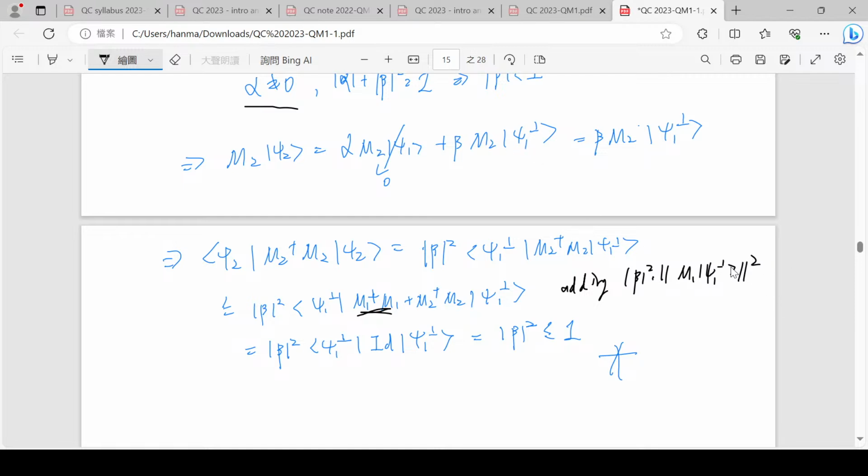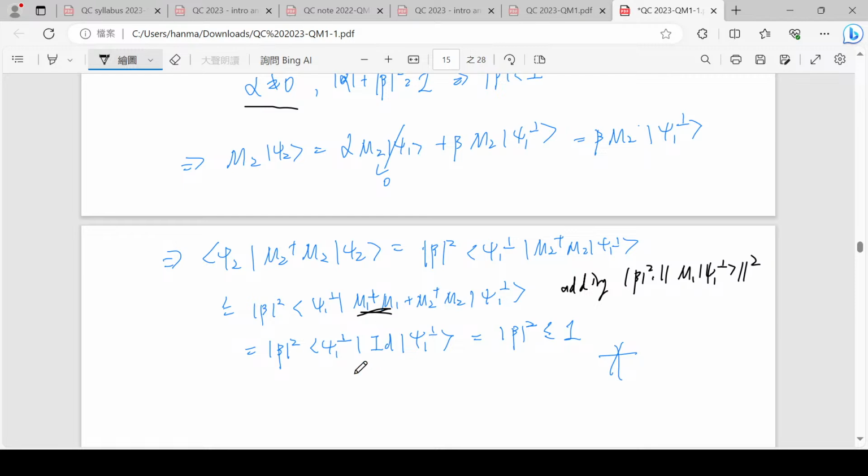This can be 0 if beta is 0, but anyway, this is a semi-positive number. And so you add a semi-positive number, so this expression is greater than or equal to. And so finally, we add this term, then we have M1 dagger M1 plus M2 dagger M2 here, so we can use the completeness of our measurement.